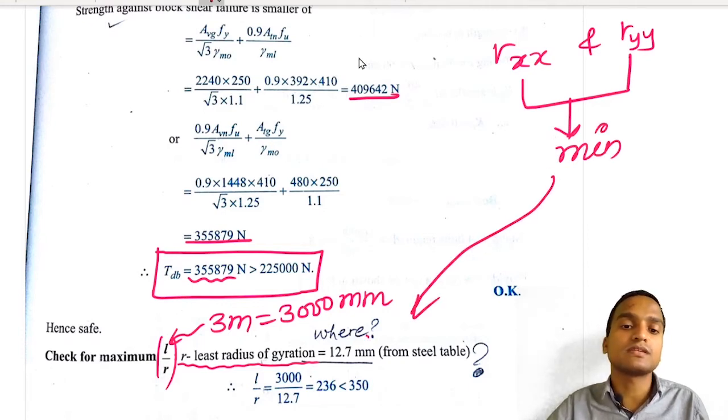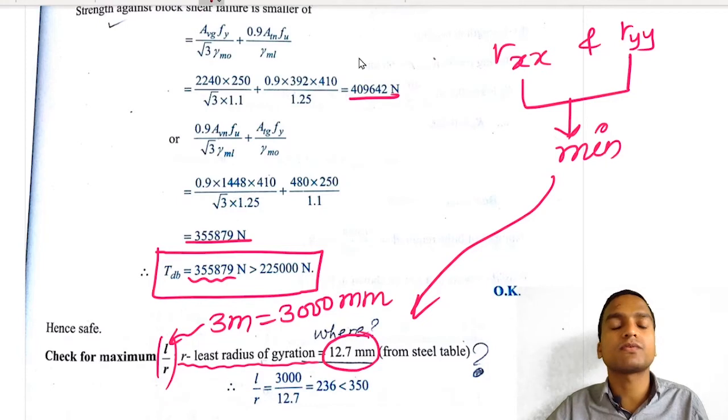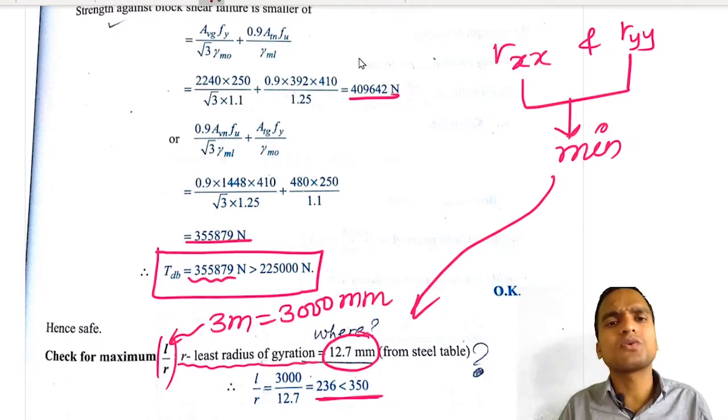In this case we have got this value from the steel table, 12.7, and this is absolutely less than 350, which is the limit being put by the IS code. So this is how the design of tension member is being done.